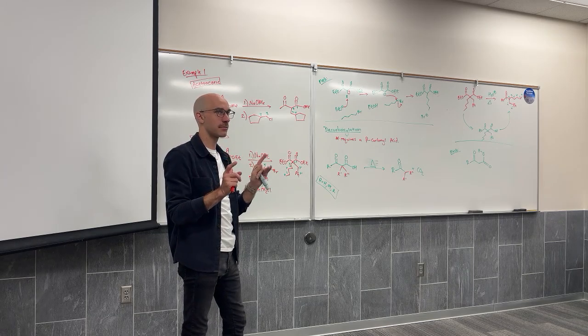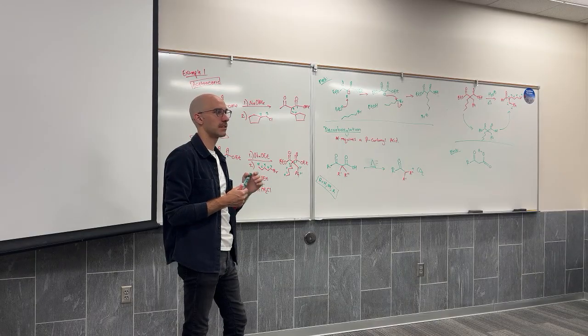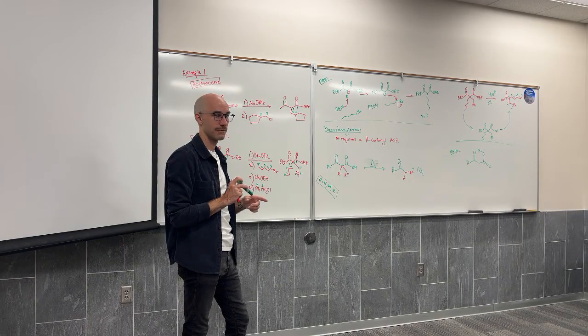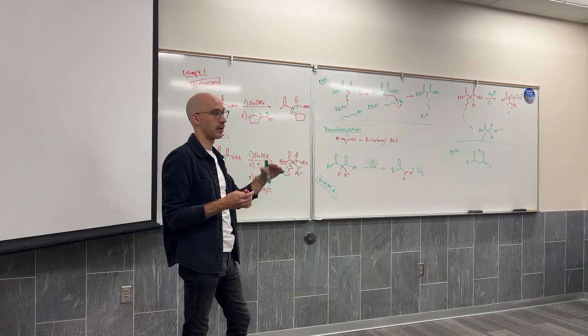Think about what bonds need to break and what bonds need to form. Tell me some of the bonds that need to break. Tell me some of the bonds that need to form. They need to form a CH bond and then that CC bond needs to break. Carbon-carbon bond needs to break. And at some point, a carbon-hydrogen bond needs to form.